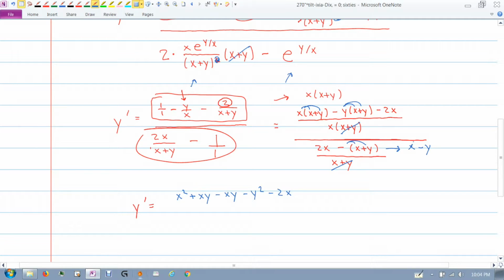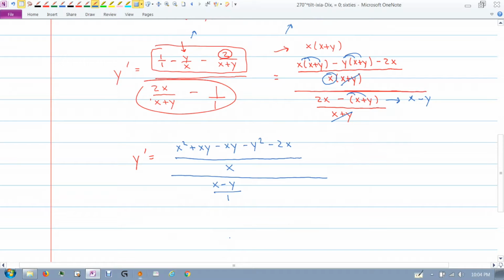So what do we have left here? We have this whole thing on top over this x, but then all of that over x minus y over, if you want to say 1, because that cancelled. And then what I can do is flip this fraction, kind of like we did before. I'm going to flip the fraction. The 1's going to come up here. The x minus y is down here.